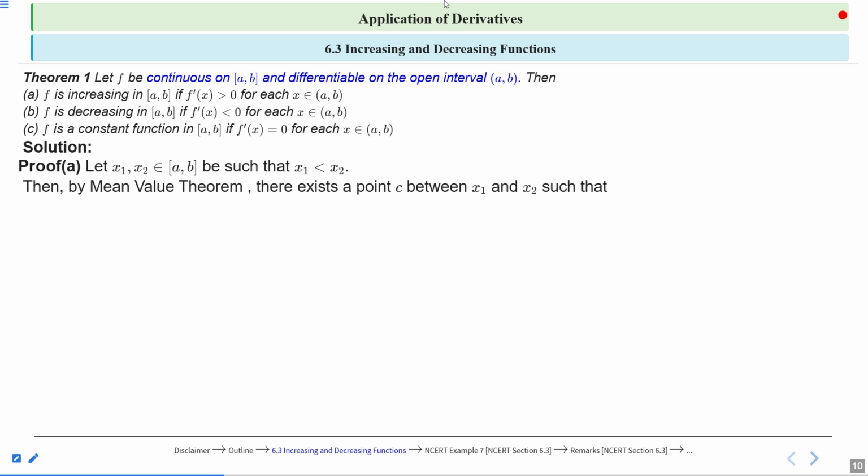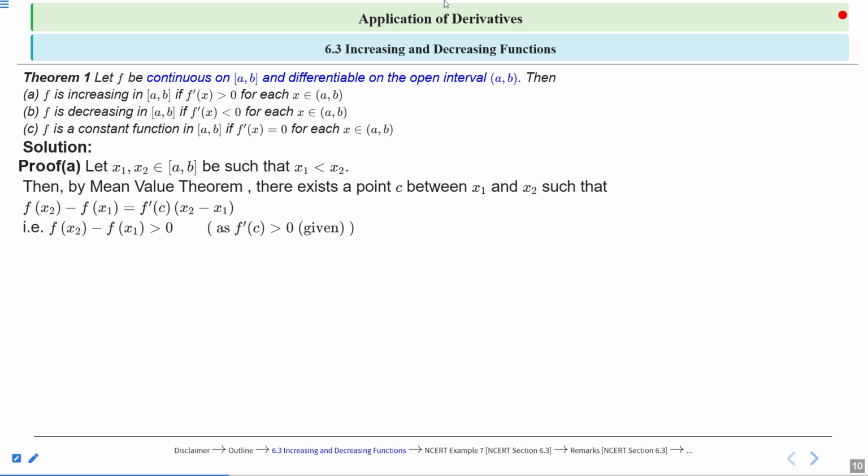Then by the mean value theorem, there exists a point c between x1 and x2 such that f(x2) minus f(x1) is equal to f'(c) into (x2 minus x1), right?